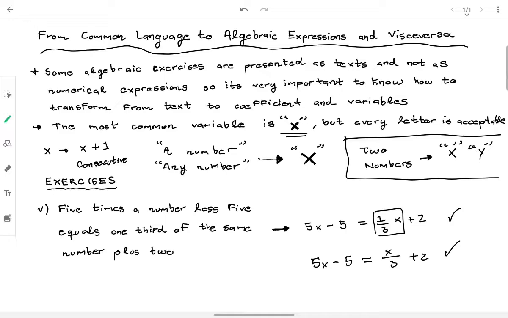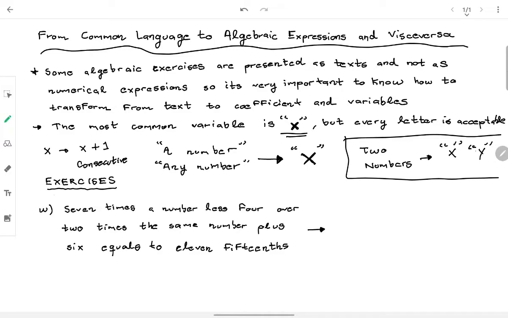Let's see some other equation example. So let's see this exercise. It says 7 times a number less 4 over 2 times the same number plus 6 equals to 11/15.